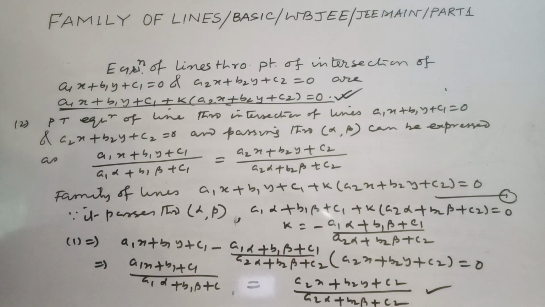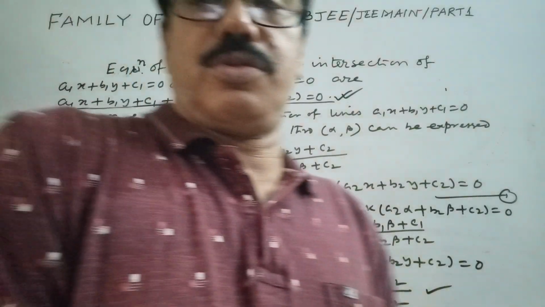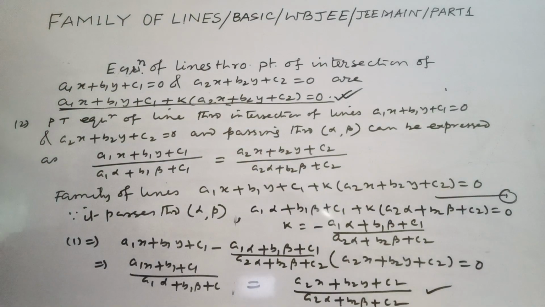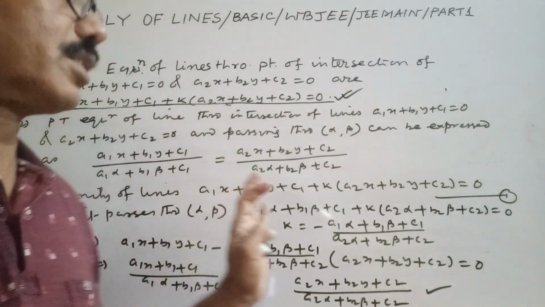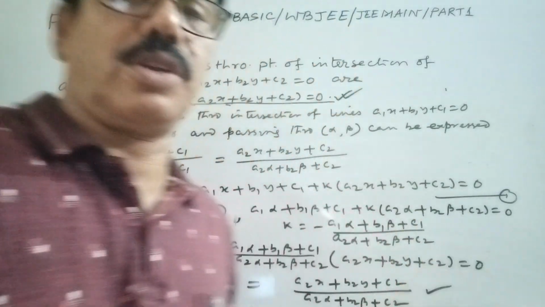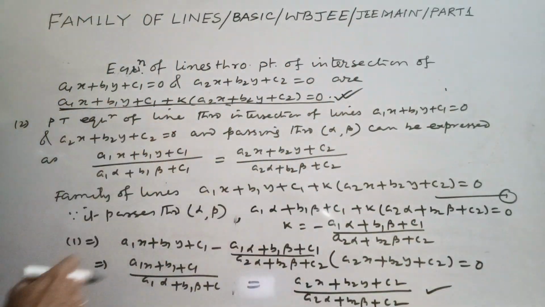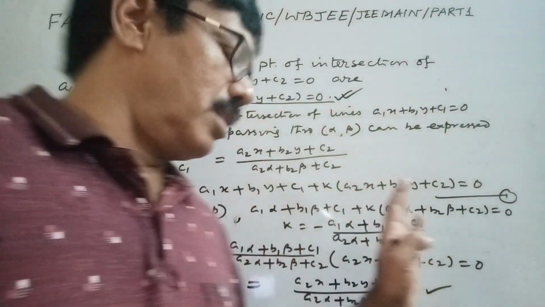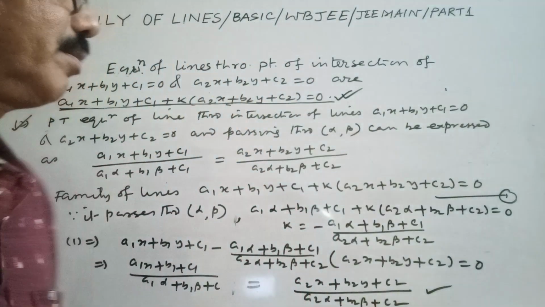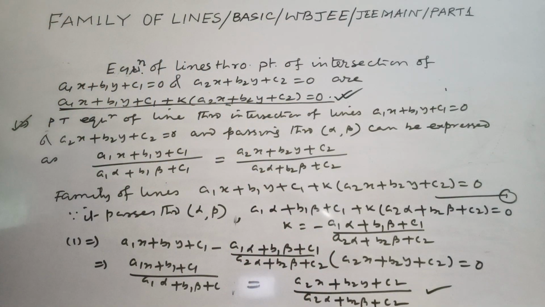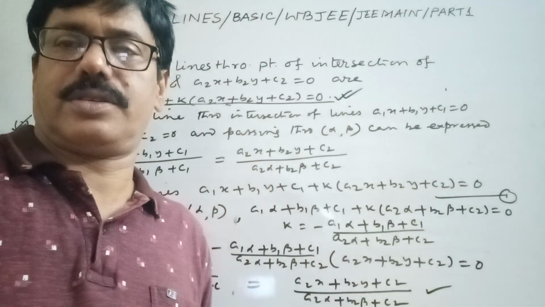So look, if we use the formula of family of lines, then you get the result directly. In this case this method will be simple. So write the equation of the line, use the condition, find k, put the value of k. Next.